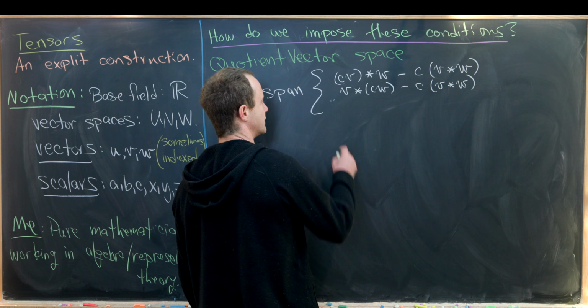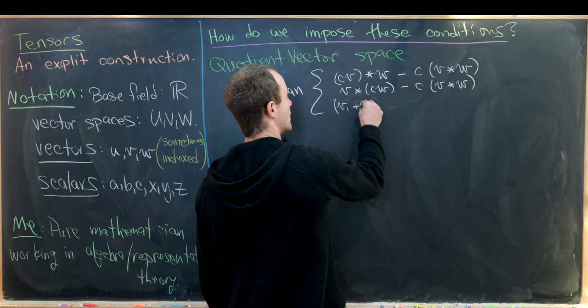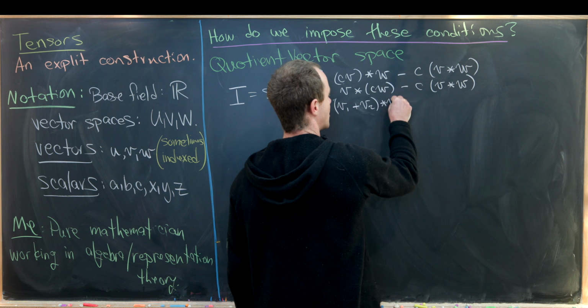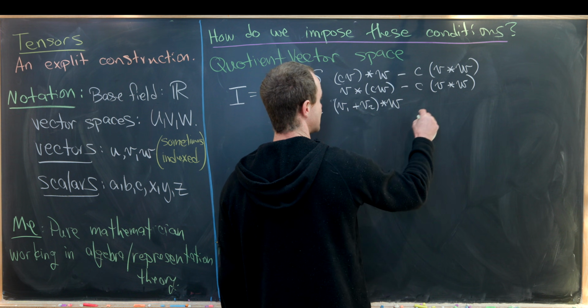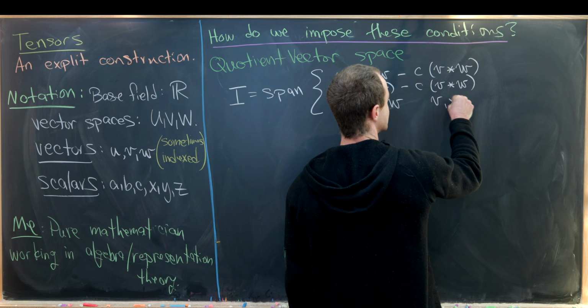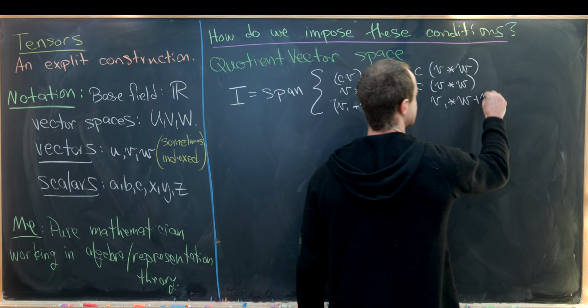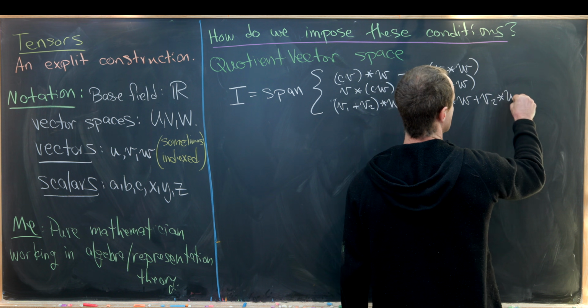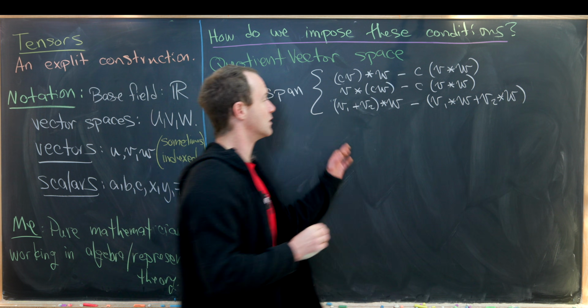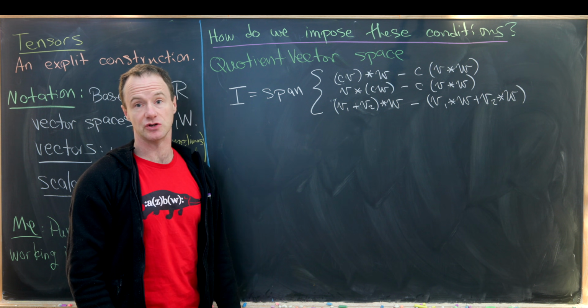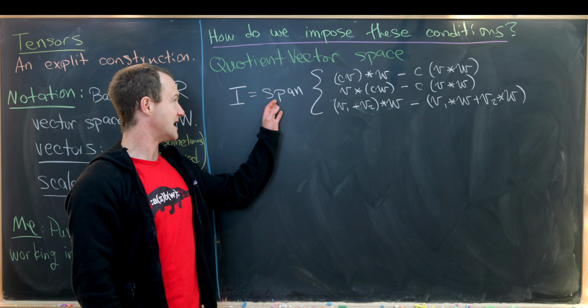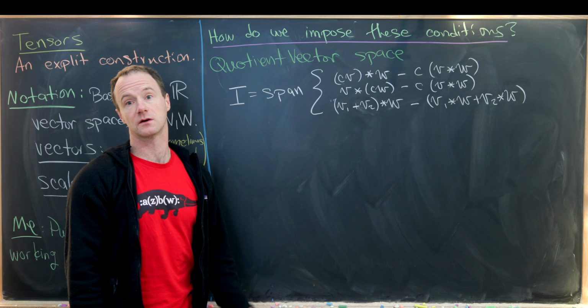Okay, so what else do we want? Well, we'd like something like V1 plus V2 star W to be the same thing as V1 star W plus V2 star W. So that means we'll put the difference of those two in the basis for our subspace.